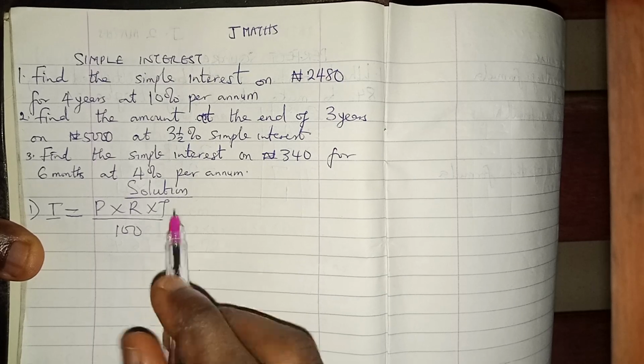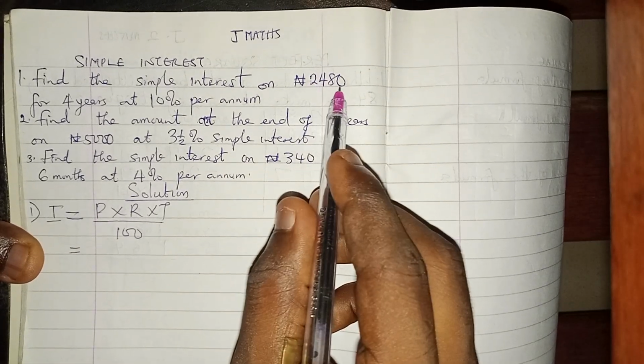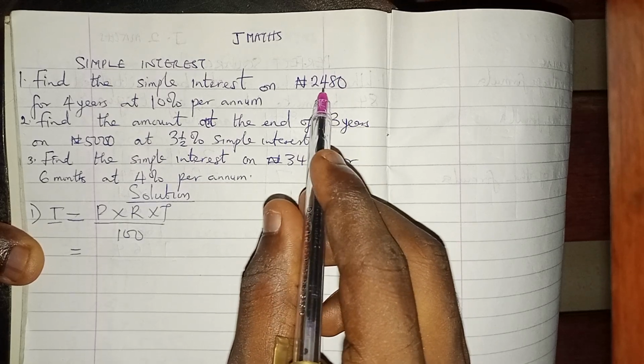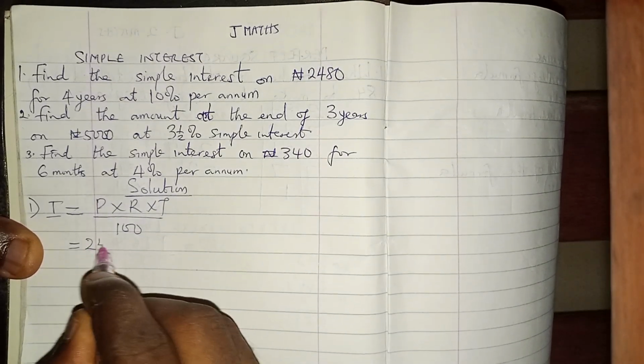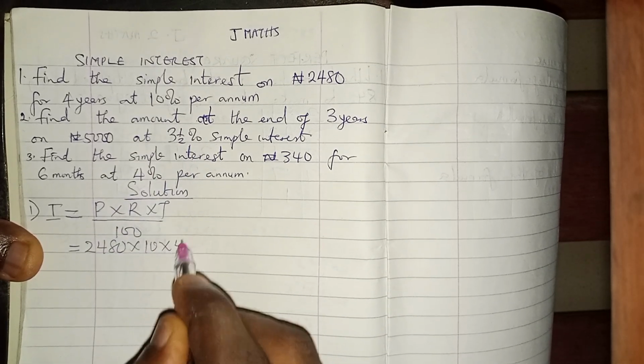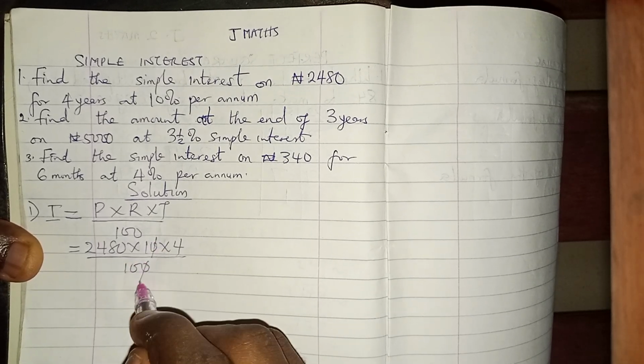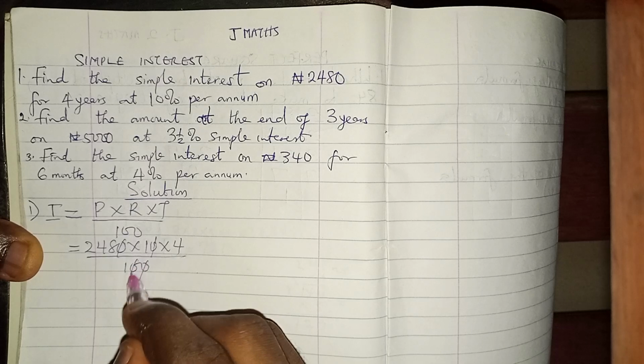In this case, the principal is given as the amount you saved or borrowed. So 2,480 times the rate, the rate is 10, times the time, the time is 4. Then you divide by 100. So you can see 0 cancels 0 here, 0 cancels 0 here.